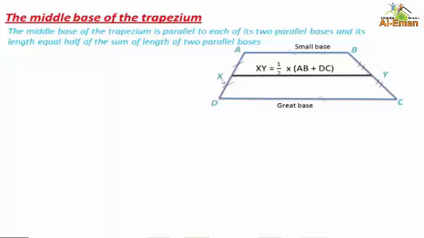The middle base bisects the two legs and is parallel to the small base and to the great base. Then the middle base XY equals half times AB, the small base, plus DC, the great base.